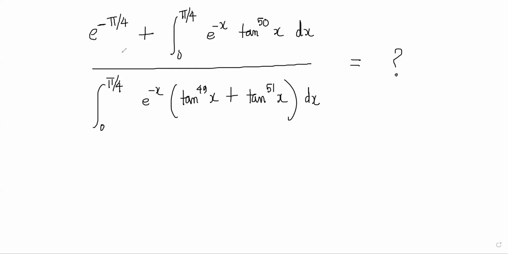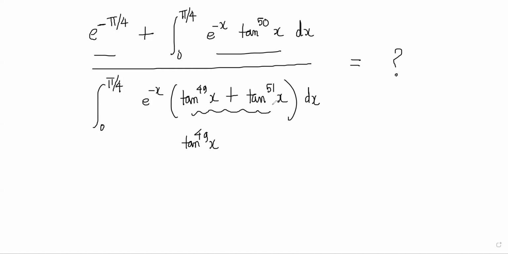See, the top part, I can even leave the top part for now and work on the bottom part, okay? You can choose which one you want to work on. Can you see here? I can take tan 49x common. Yes, sir.